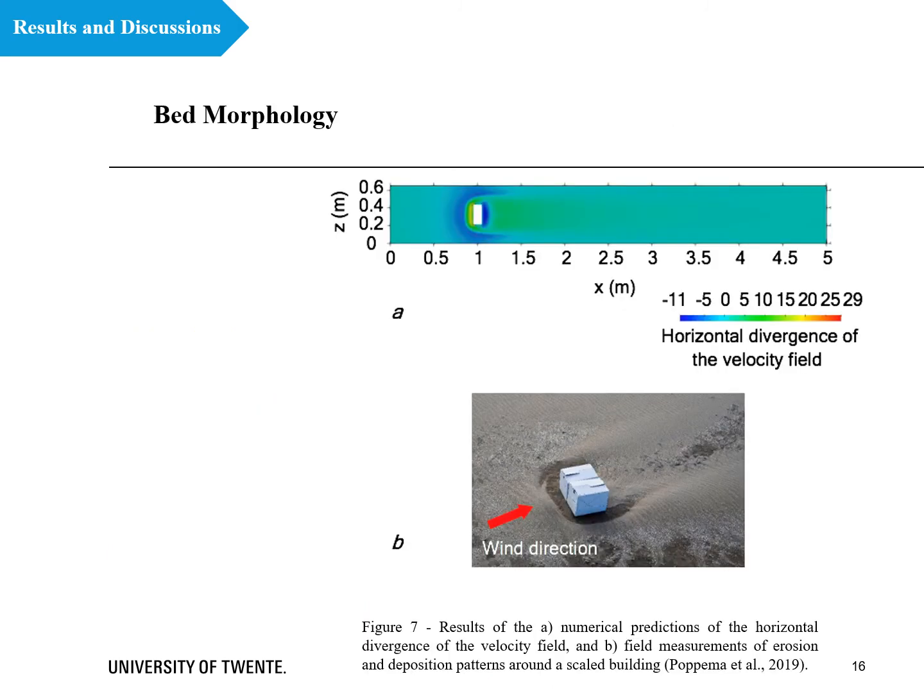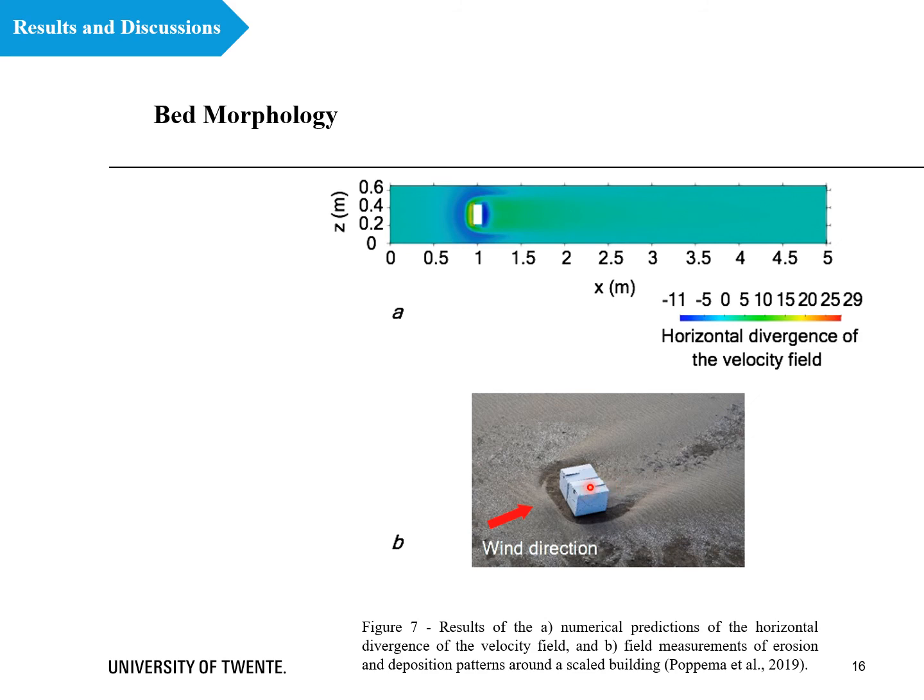The question is, how can we predict bed morphology from airflow patterns? For this reason, we calculated the horizontal divergence of the velocity field for one case and then compared the results with field measurements of erosion and deposition patterns around scaled buildings at the beach like this.